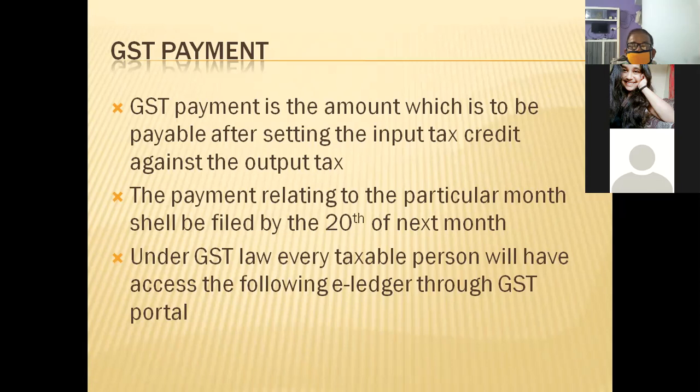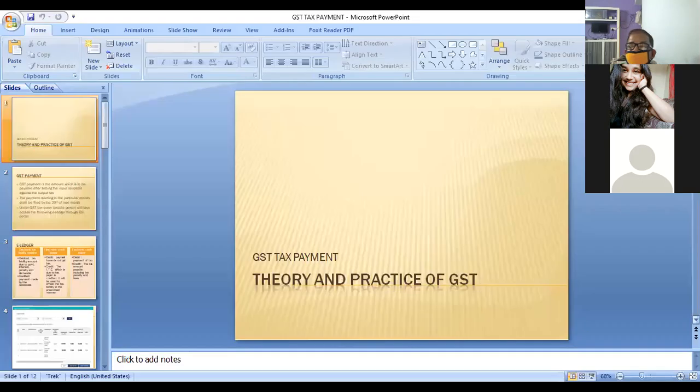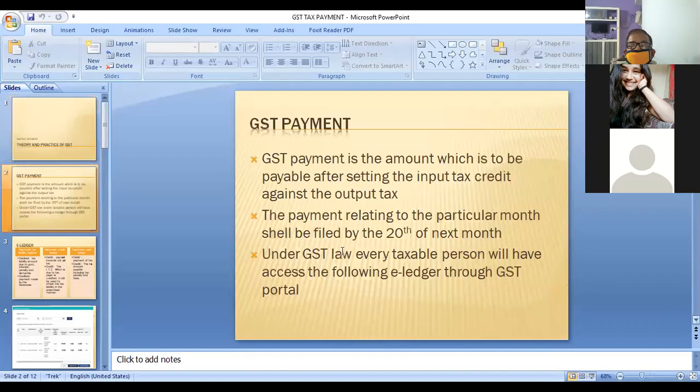This month's tax you have to pay by the 20th of the subsequent month. So every person will have 3 electronic ledgers, and if you deposit the amount, directly it will display in the different ledgers here. We'll discuss what the 3 electronic ledgers in the GST portal are.